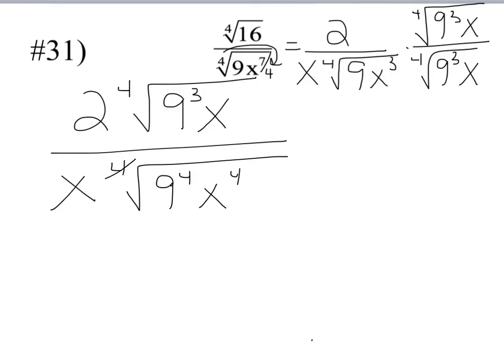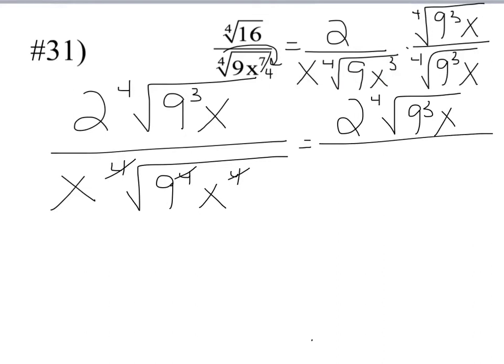So this 4 and these cancel, and you have 2 times the fourth root of 9 cubed x all over x times 9 times x, which is 9x squared.